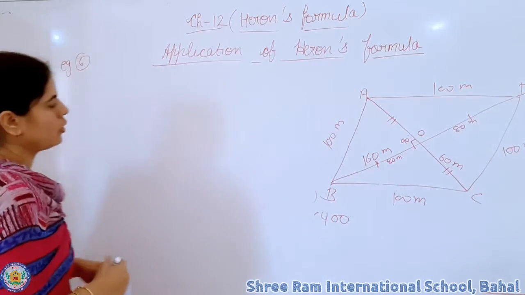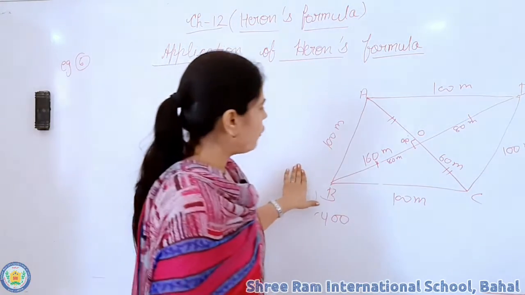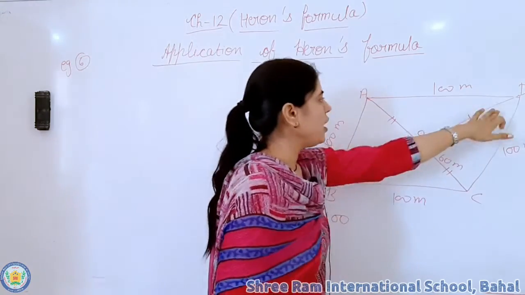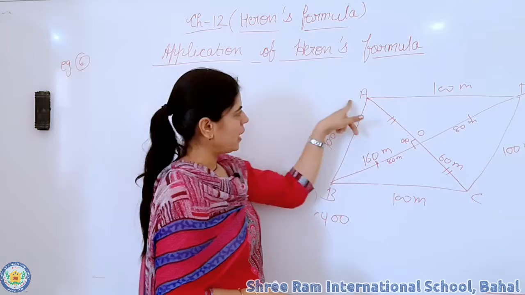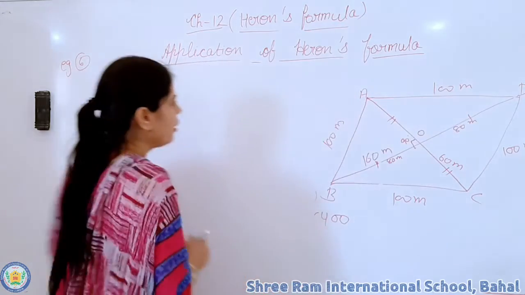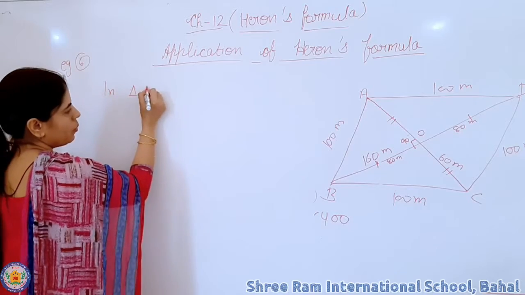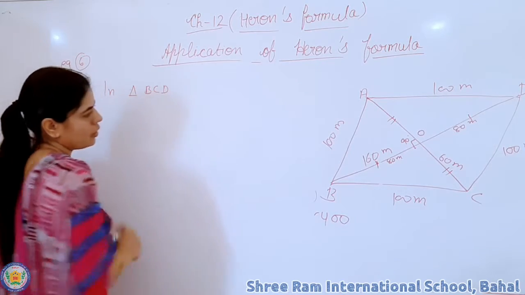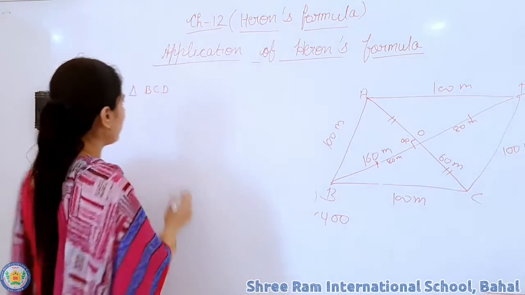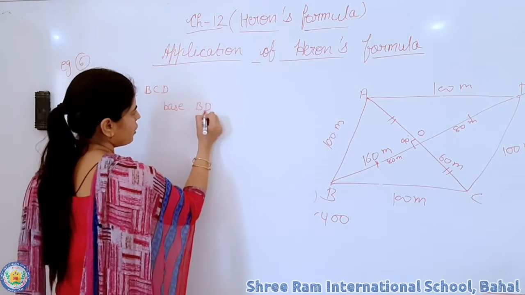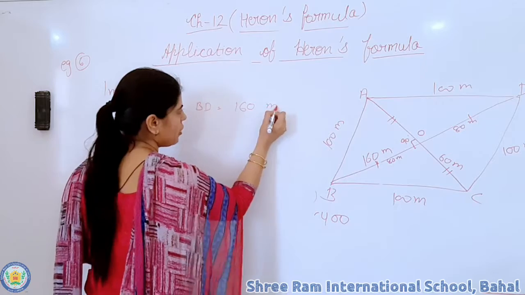Now we want to find out the area of triangle BCD or the area of triangle BAD. In triangle BCD, we have the base, BD is equal to 160 meter.